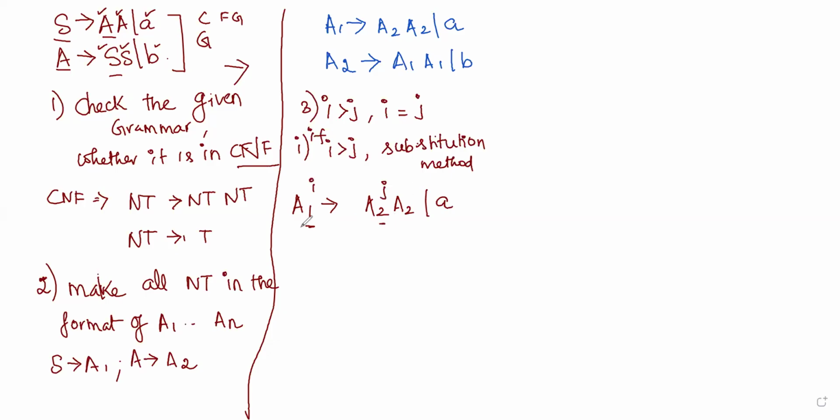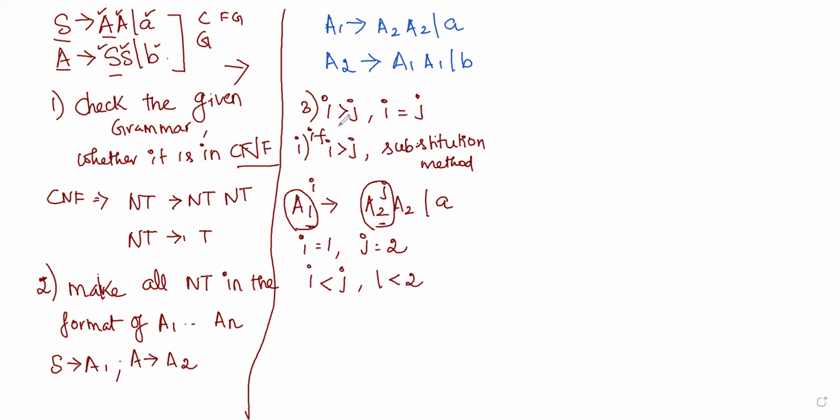Check the left-hand side, that is the non-terminal's value, and the right-hand side's first variable's value. You cannot take all the variables, check only the first variable. So here I is 1, here J is 2. So I is lesser than J, that is 1 is lesser than 2.